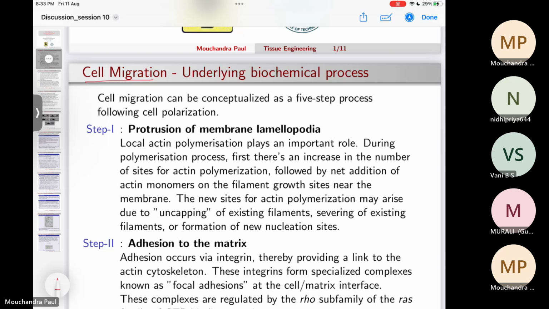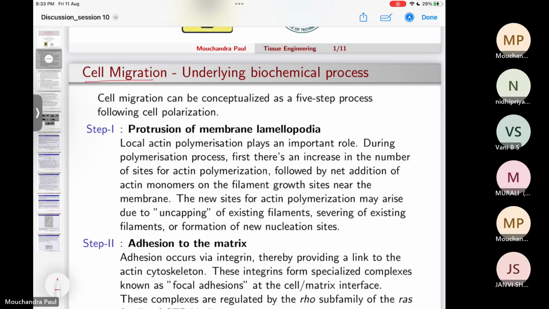It has left the original position. It means the cell has migrated. We can actually do some experiments and give a concentration gradient of some attractant molecules, chemoattractant molecules, which will cause the cell migration.